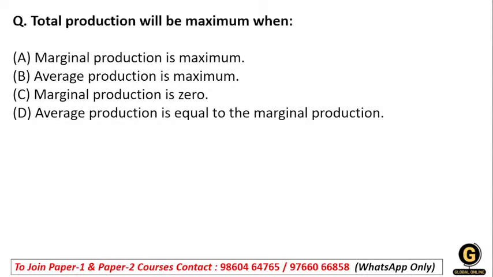Now the next question, total production will be maximum when your TP will be maximum. So here I can draw, this is your MP and this is your TP, okay. TP is maximum when our MP is minimum, or we can say 0, okay.